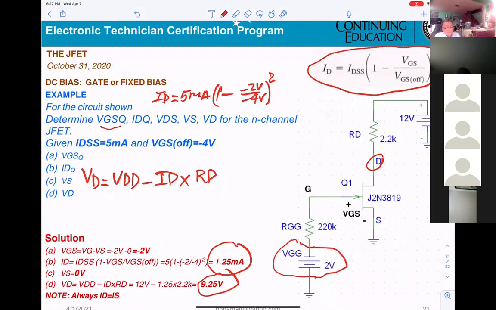Okay, what a question. How come it is negative? So my question, I guess, is when we say VGG, and over here it says VG, I'm assuming it's saying voltage at G, this point above the resistor, or are we saying VGG is just VG? VGG is not VG. That's what I figured. It's a different power supply. Yes. Okay.